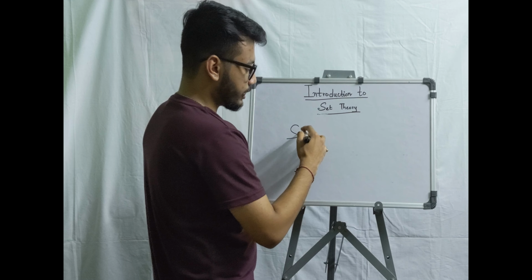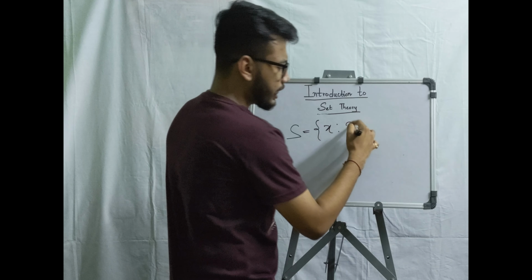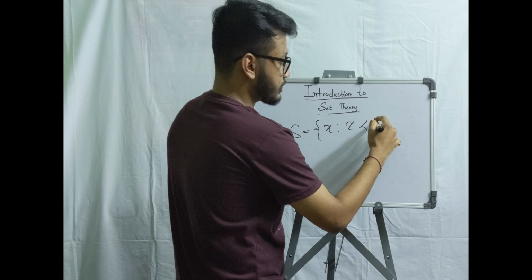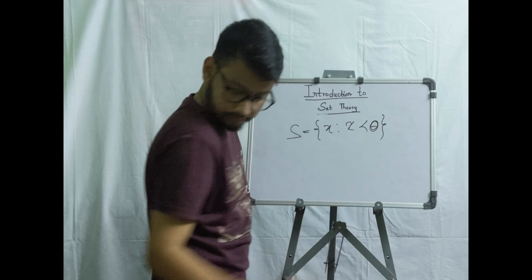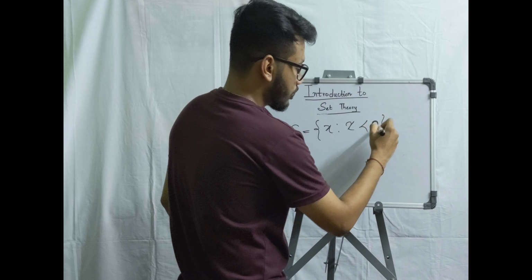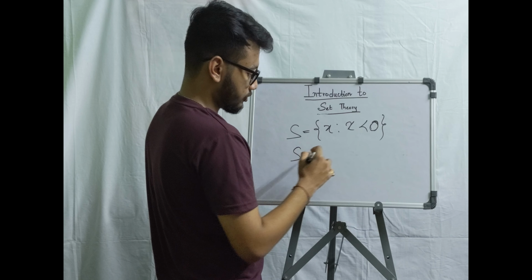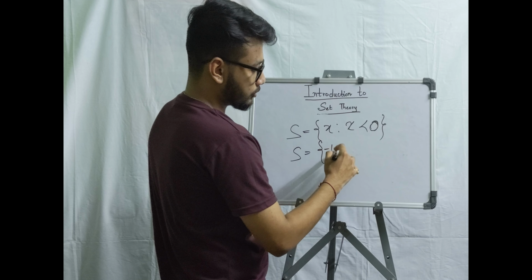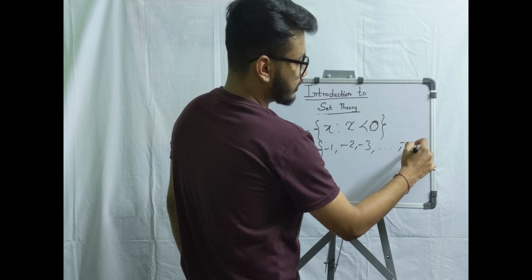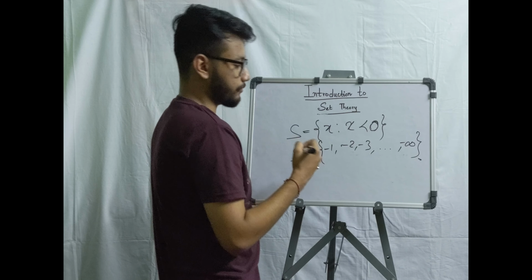Say I write S equals x such that x is less than 0, right? So x should be less than 0. Now can you tell me how many numbers will be there inside this set? -1, -2, -3, it will go till minus infinity, right? Because we haven't included any bounding condition.